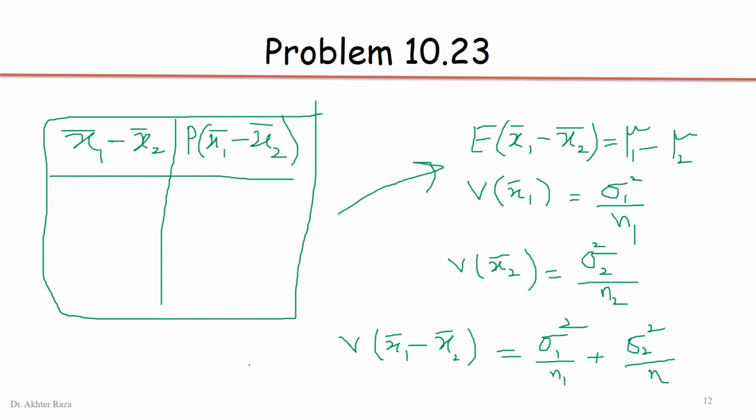The standard error of the difference of the two means, the standard deviation of x bar 1 minus x bar 2, is equal to the square root of sigma 1 square upon n1 plus sigma 2 square upon n2.